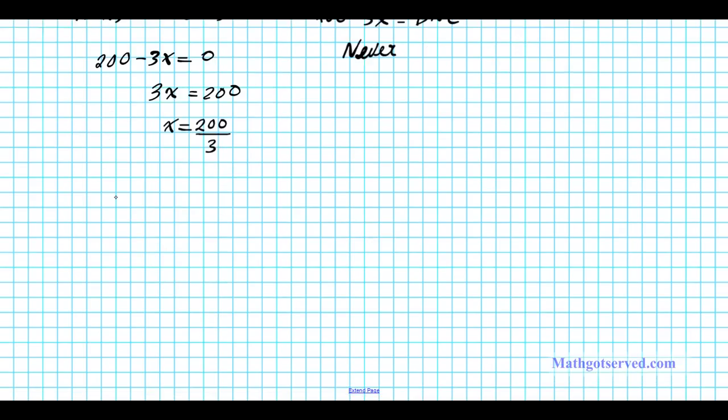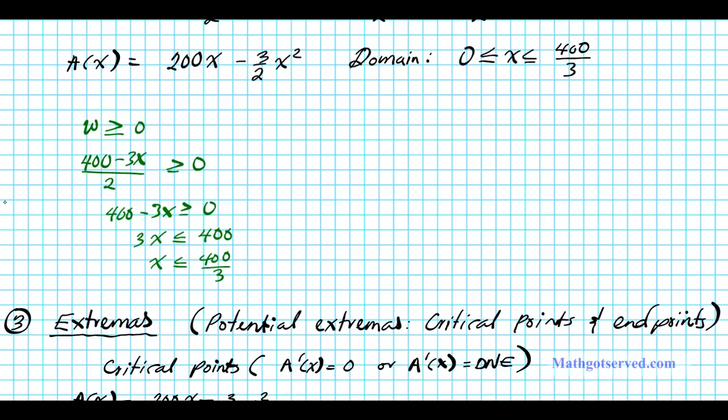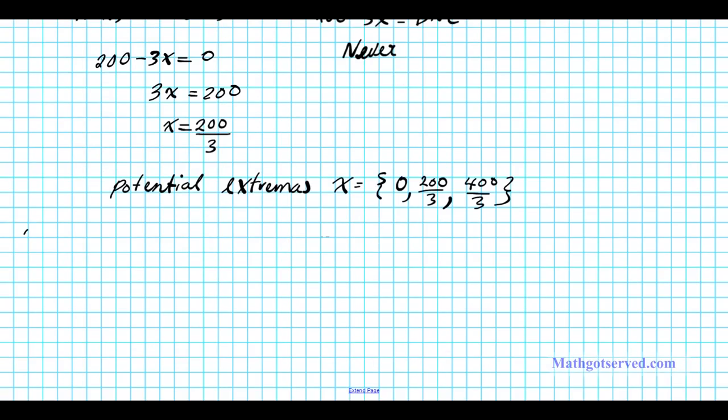Our potential extremas are x equals 0 for the lower bound, 200 over 3 for the critical point, and 400 over 3 for the upper bound on our domain. Now let's move on to step 4, where we're going to classify.